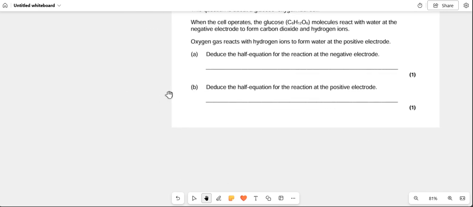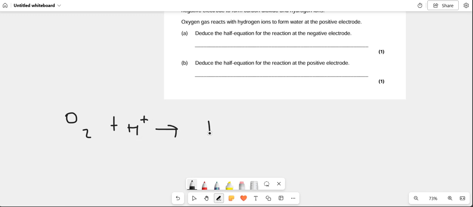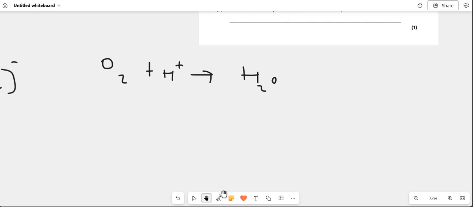Alright, deduce the half equation at the positive electrode. The positive electrode is saying that oxygen gas reacts with hydrogen ions to form water. So we just add O2 plus H plus making H2O. What do you do now?